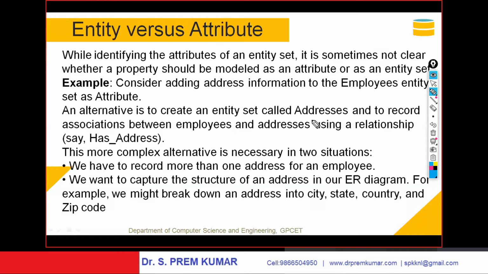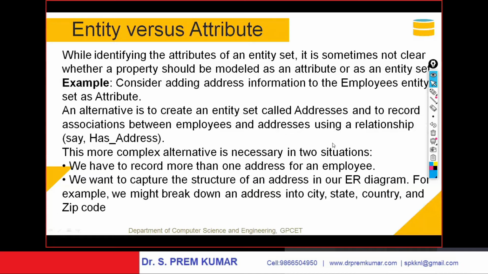The address internally comprises many things like door number, street number, street name, city, pin code. Depending upon the importance of that item, we consider it either as an attribute or as a separate entity.